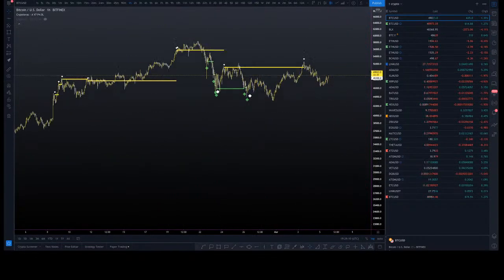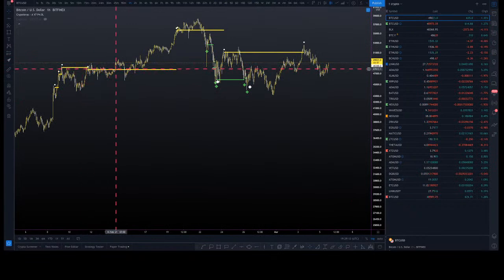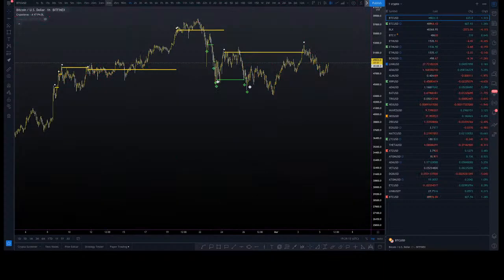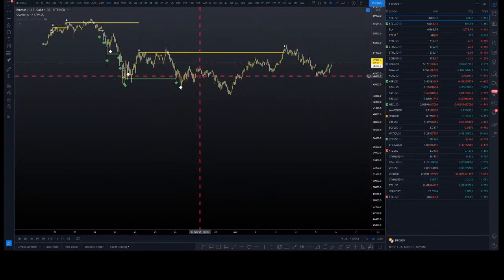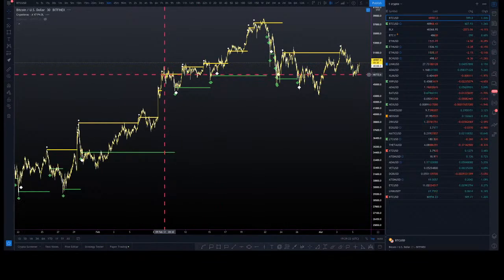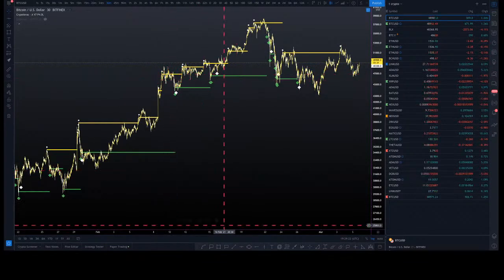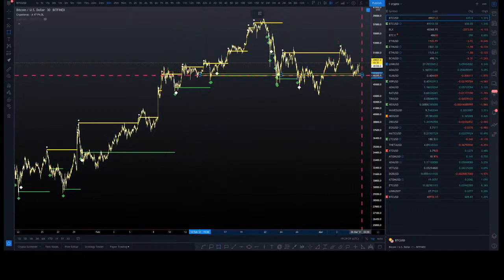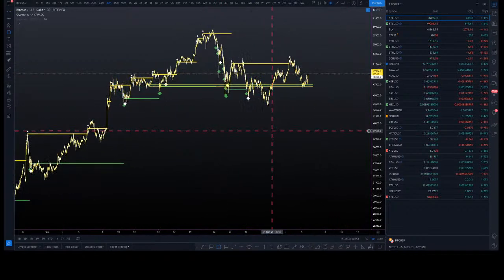Where we had that nice box there, and I think we saw another box around this area. Yeah, there it is. There's our box. So that's awesome.